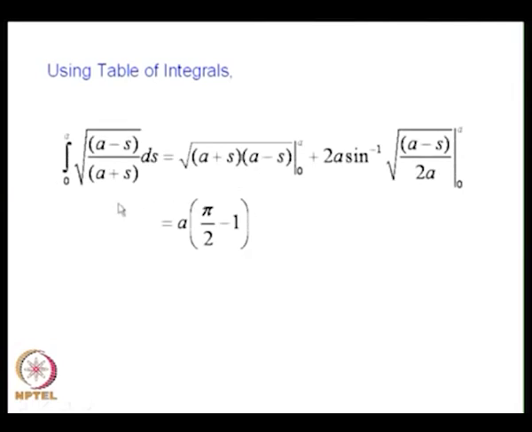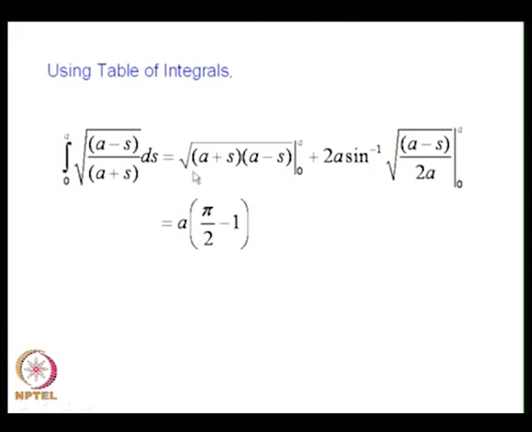So, in the first case, when the loading is triangular, you would have to look at the integral of root of (a minus s) divided by (a plus s) into ds, and when you do that, it turns out to be, from the table of integrals, an expression like this.